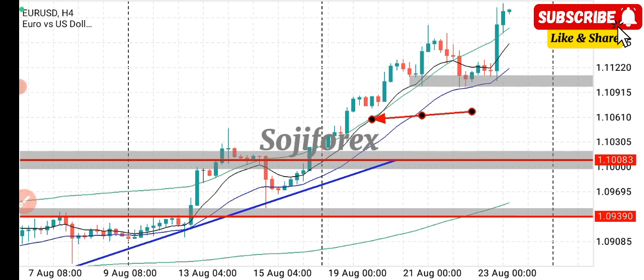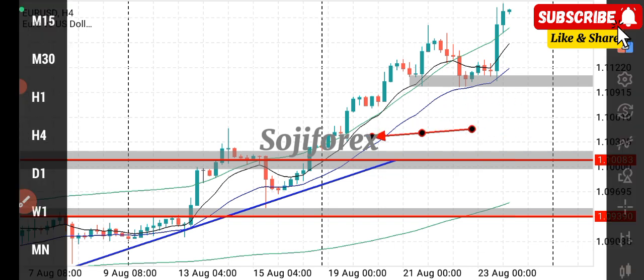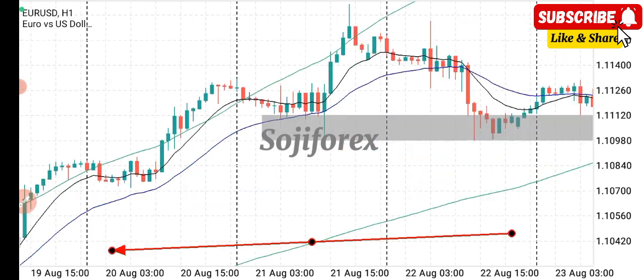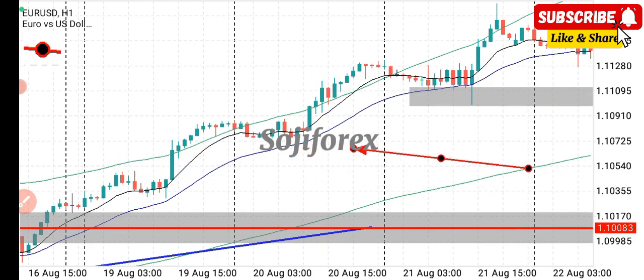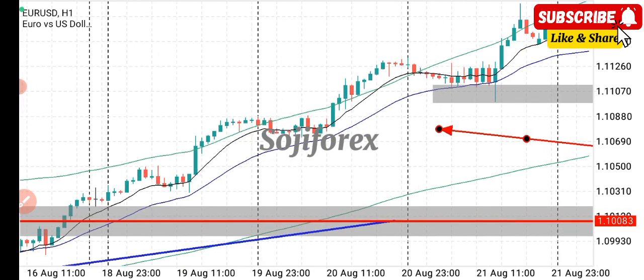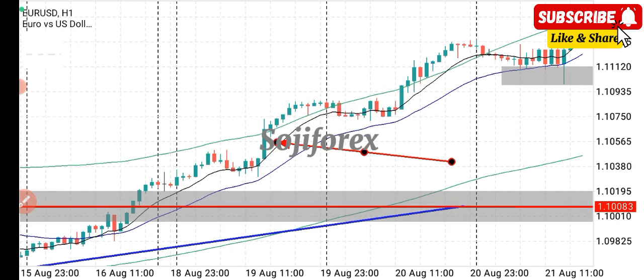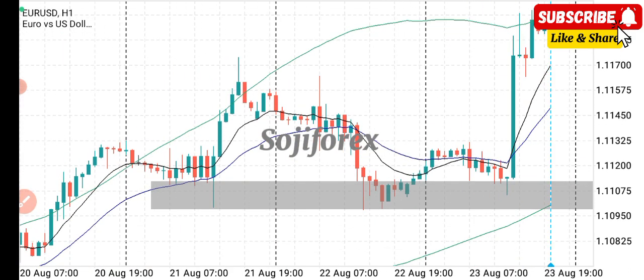Mark out support and resistance, point of failure, point of reaction, and then you can stay on that time frame to determine your trend using the Bollinger Band, just as we have explained. Then after that, you move to your 1 hour time frame. Now here is my 1 hour time frame. Every one of your entries is going to be on the 1 hour time frame.